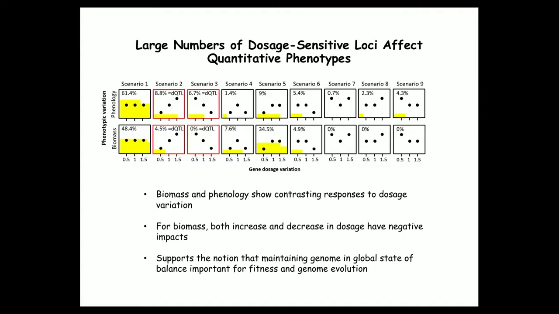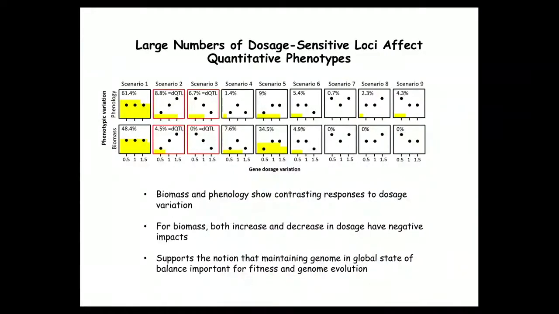And one thing that you can see is a very large, so 61% and about 50% of the bins for phenology and biomass had no dosage effect on the phenotype, meaning that almost half of the genome for both these traits was dosage sensitive in some way.